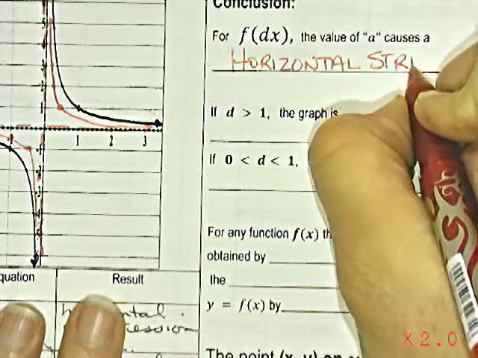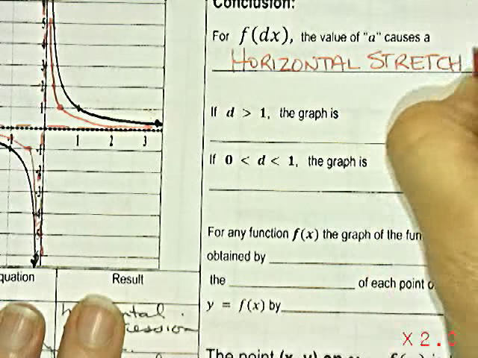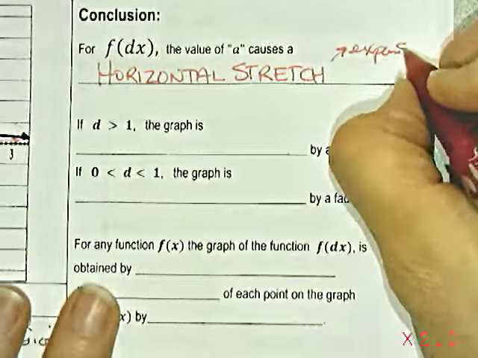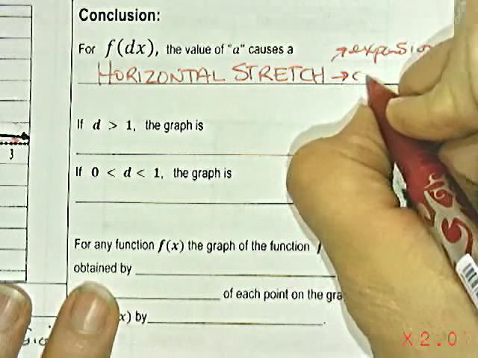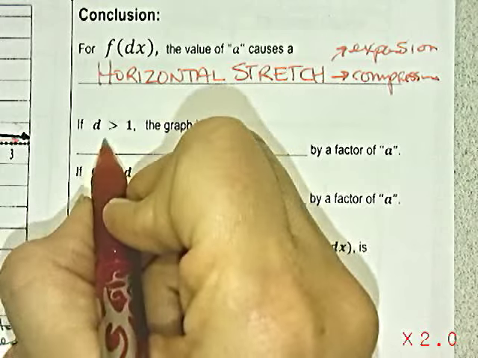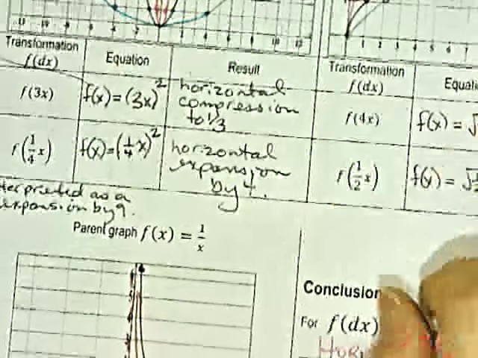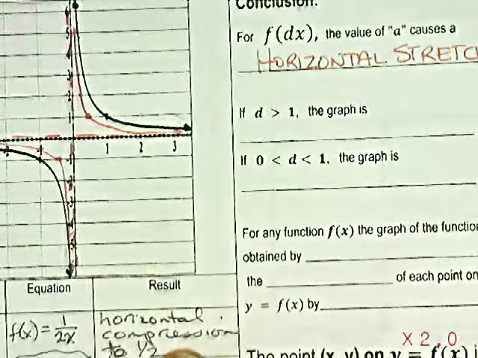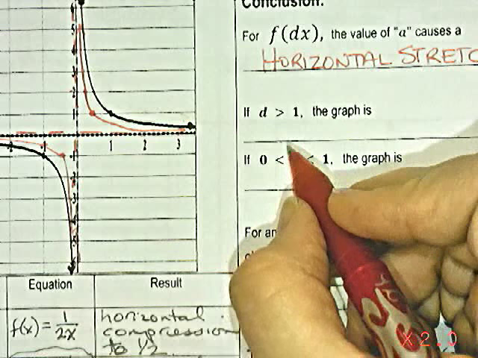Now remember, technically in math, a stretch can be an expansion or a compression. If d is bigger than 1, so if d is a 2, if d is a 4, if d is a 3, we saw that that caused a horizontal compression.